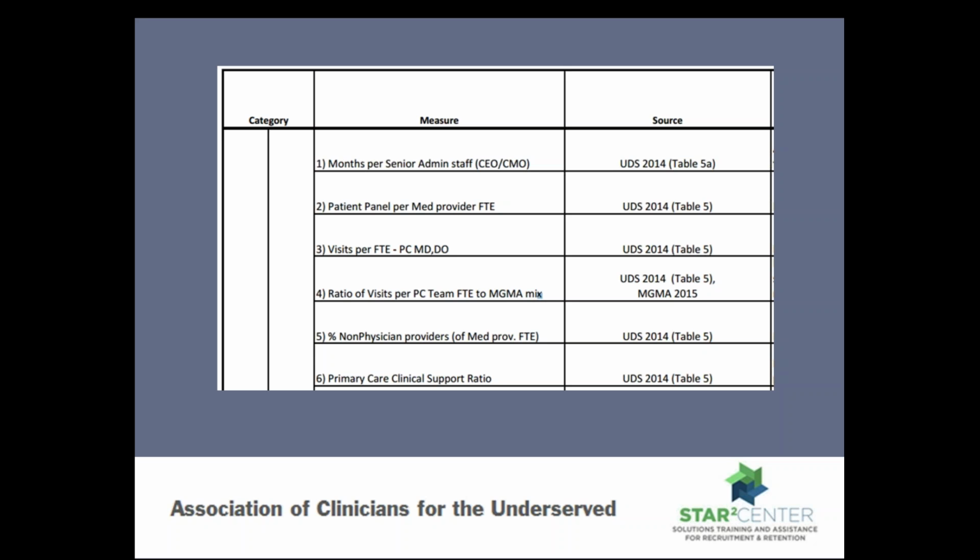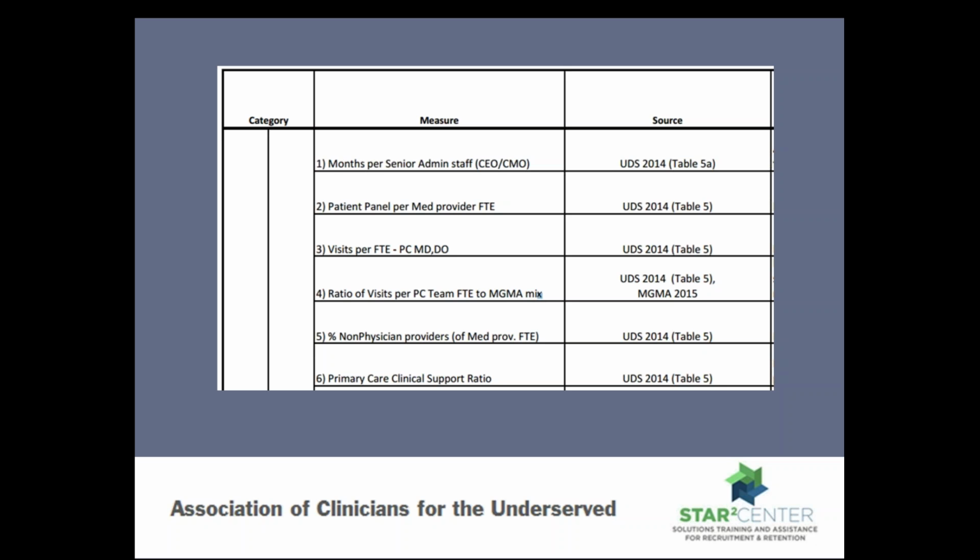So you can see the measure column. The first column, the text there is exactly what the text is on your data profile. Again, we added numbers this year, so you can say, oh, that was Retention Health Center number 3, and then quickly flip over here, find number 3, and start your work.